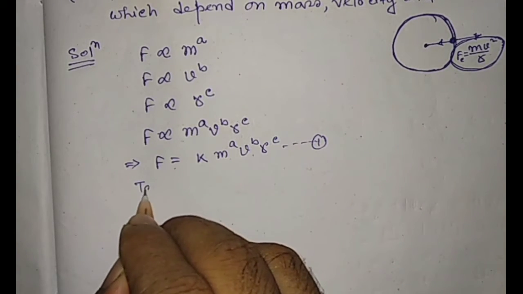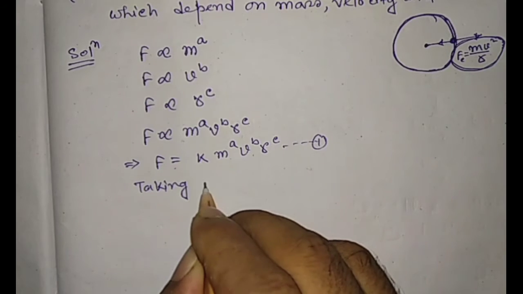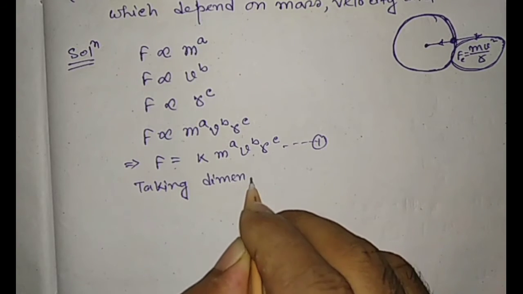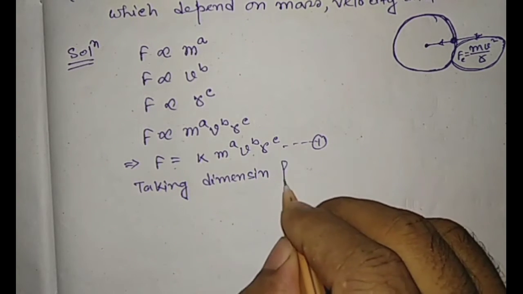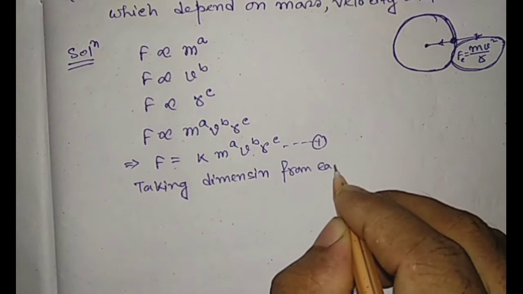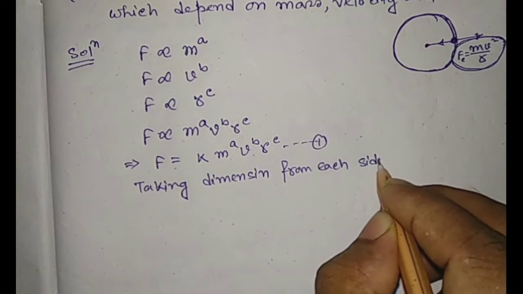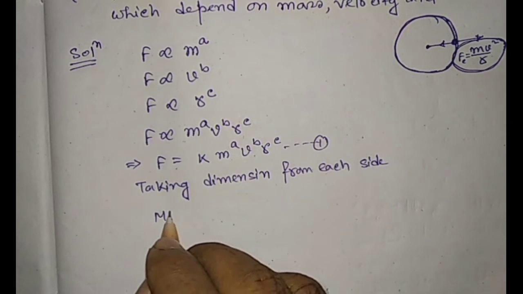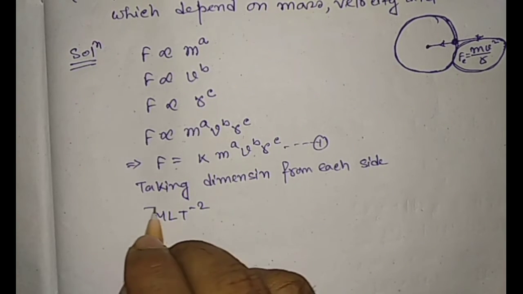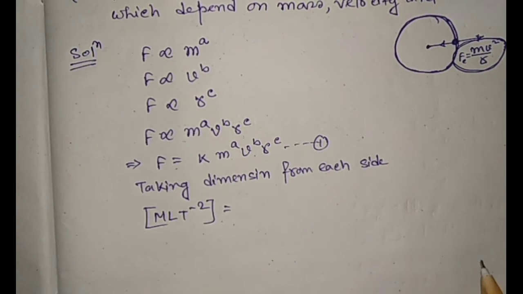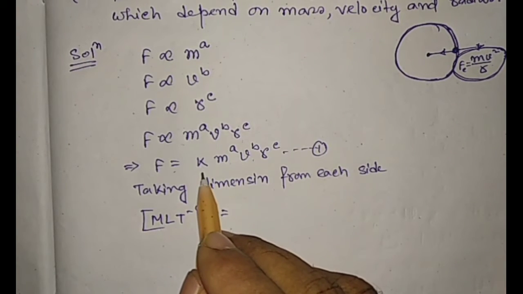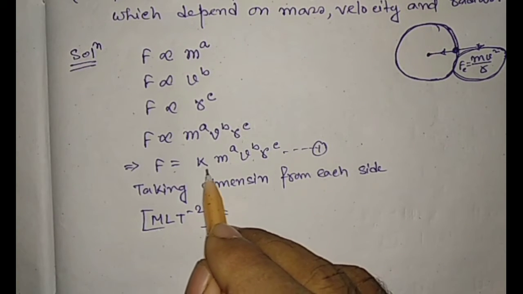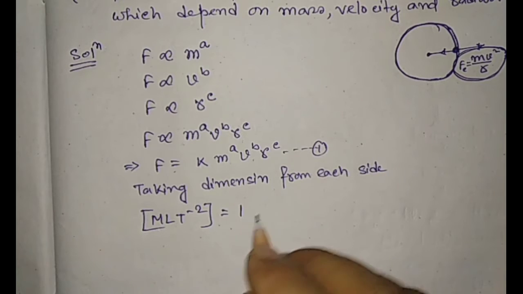Now taking dimensions from each side, M L T to the power minus 2, this is the dimension of force, equals k, which is a dimensionless constant, so it has no dimension, that means 1.